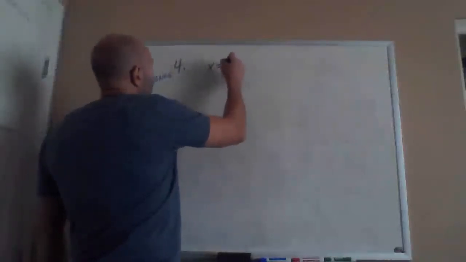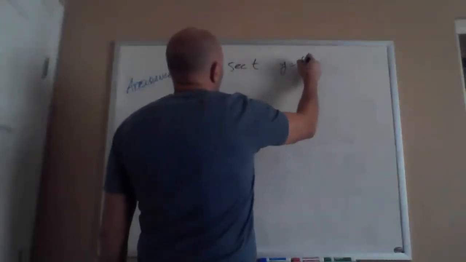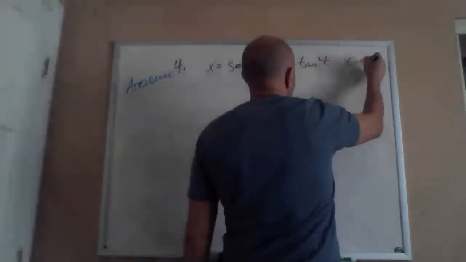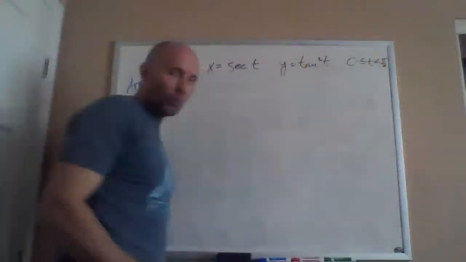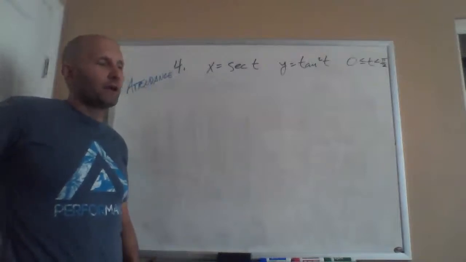So the problem says x is equal to secant of t and y is tangent squared of t, but in this particular case, we're limited on what our values of t can be. And why is that?